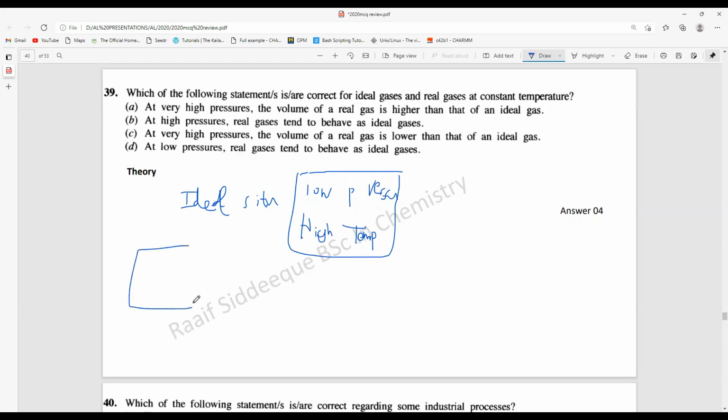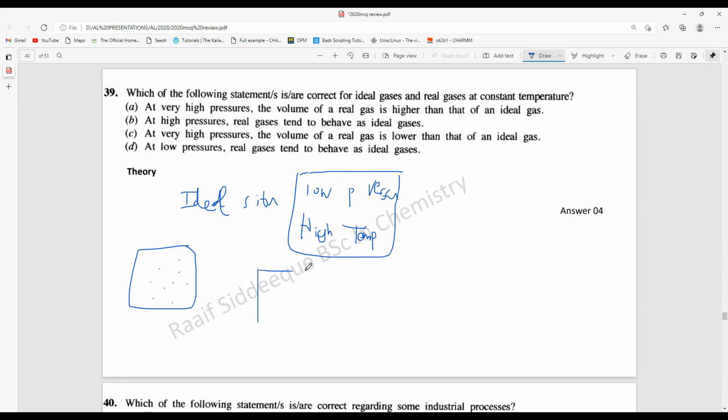If you remember, for an ideal gas, we think of it as a point mass, so we think it does not have a volume. That is why we use the volume of the container.